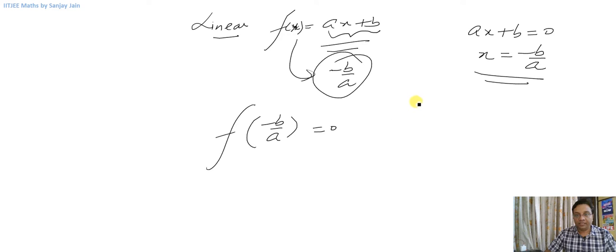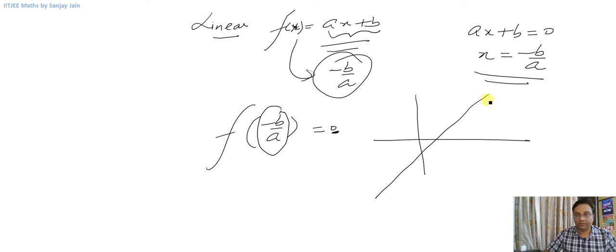If you look at it graphically, then you can say that for this value of x, y is 0. Or if I draw a graph of ax plus b, it will be a linear graph because it is a linear expression, right? Now what will be this point here? It is the value of x, that is minus b by a, where y becomes 0.